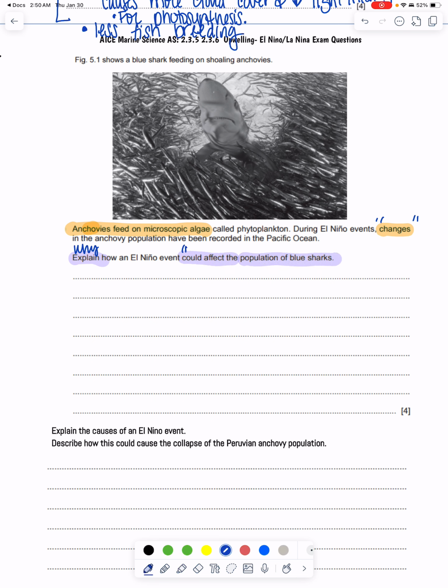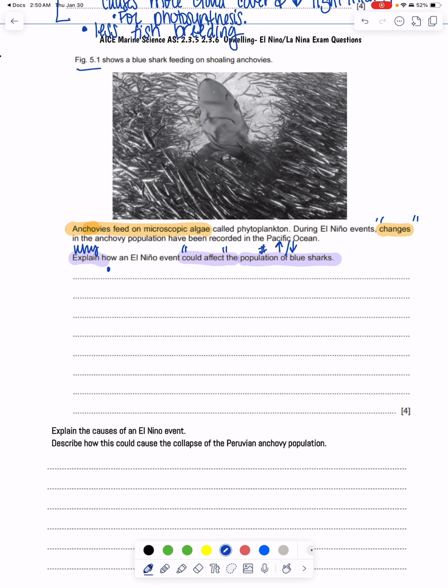It could affect population. Population is a number. Numbers can go up, numbers could go down. That's how they could be affected. So we're going to want to start with, here's the effect, and then I'm going to explain how. Ultimately, we see in the picture, blue shark is feeding on anchovies. Tells you at the top.